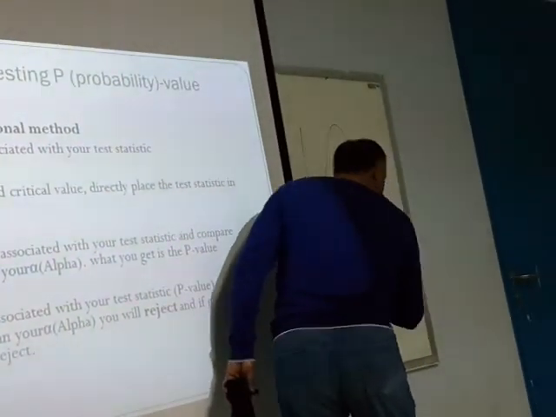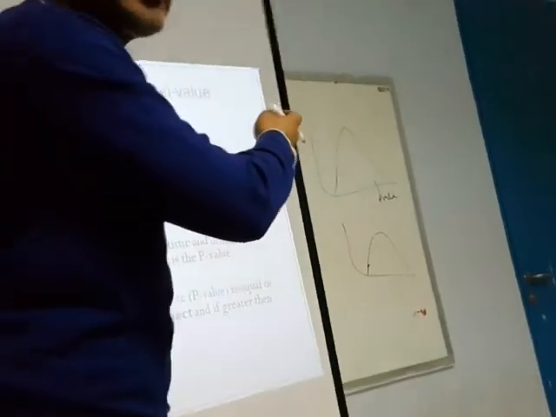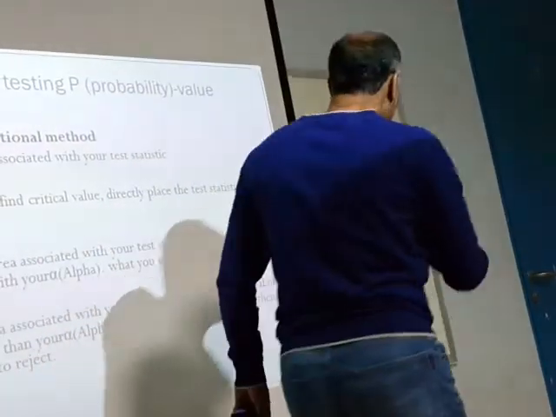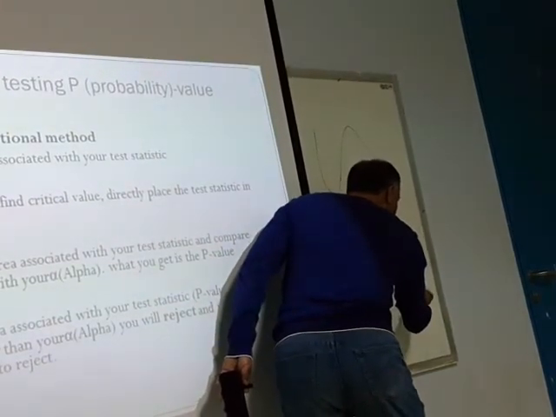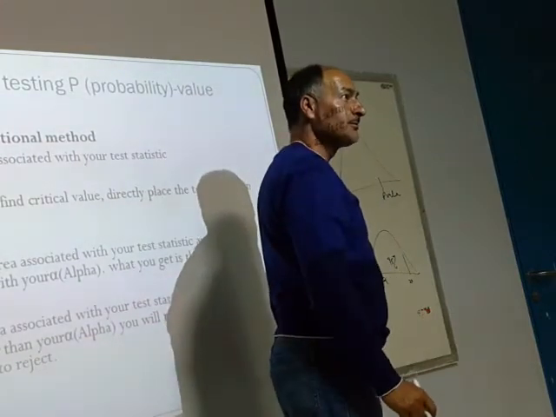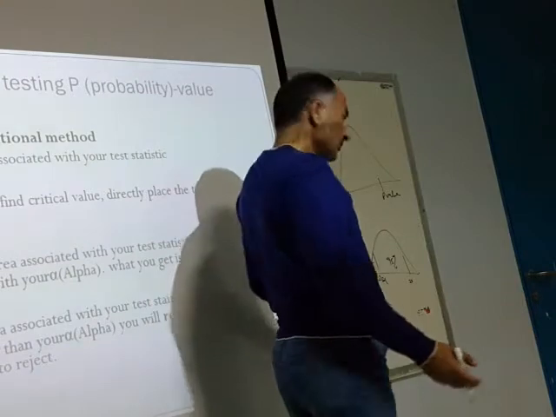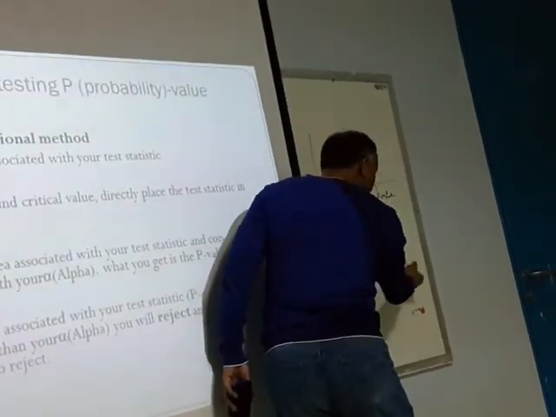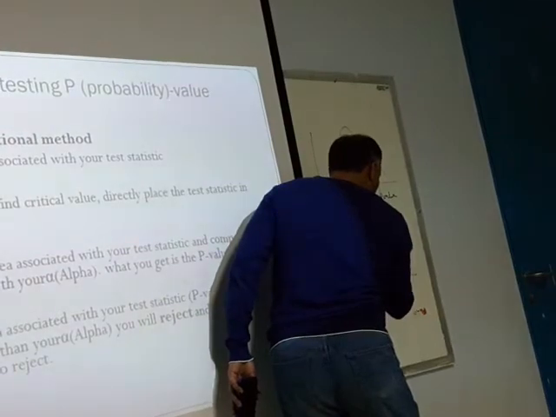Anyone who knows the alpha here? Why don't you know? Because you told me 2 standard deviations here is 95%. 5% is beyond that. You know it. Why are you saying I don't know? So because it's on the 2 halves, it will be 0.025 here, 0.025 here. This is your alpha.